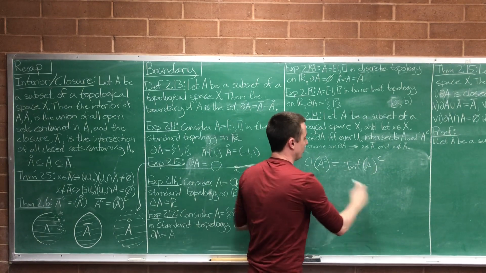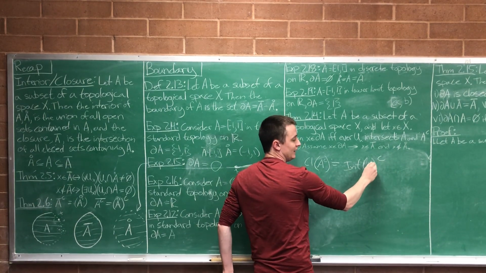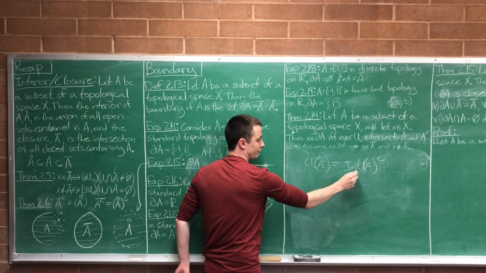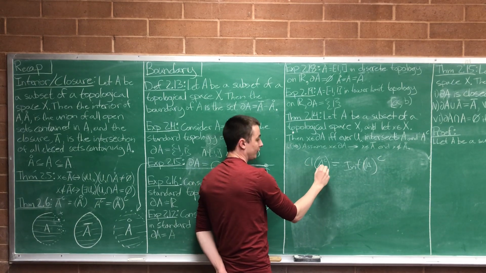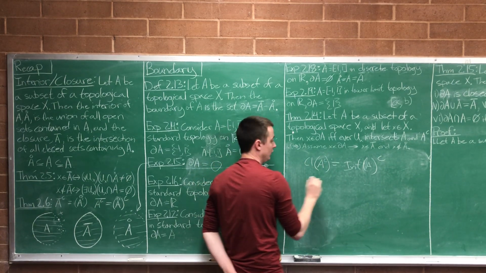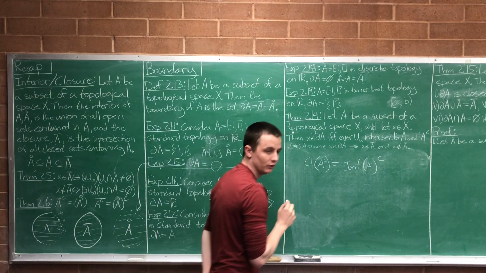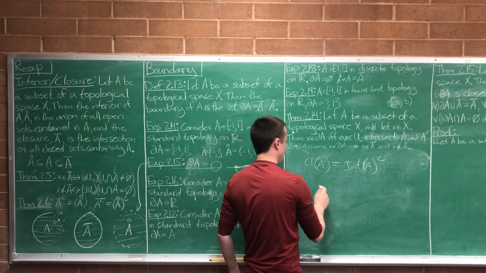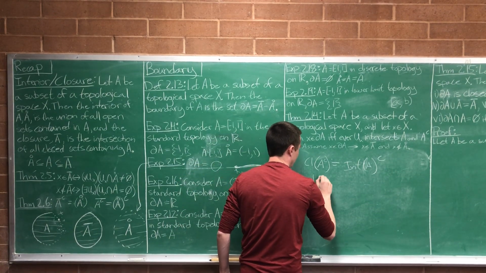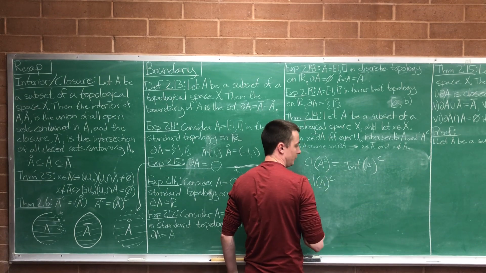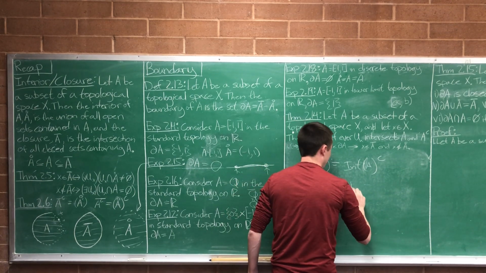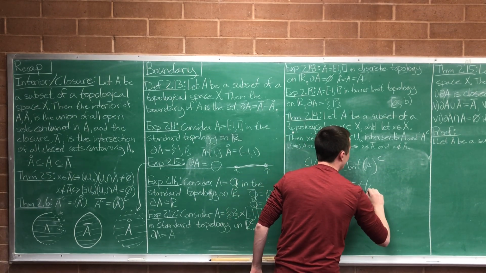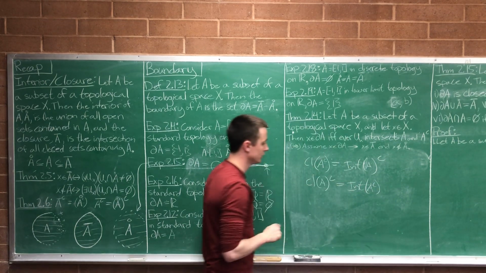So you can think about it whichever way you want. If I want to bring the complement inside the function, it switches it from an interior to a closure. Or if I want to pull the complement outside the function, it switches your closure to an interior. And vice versa. So if I have the closure of A and then we complement it, that's equal to the interior of A complement.